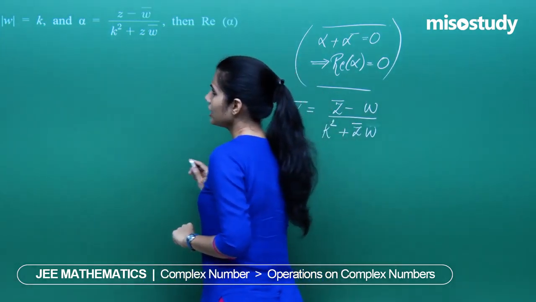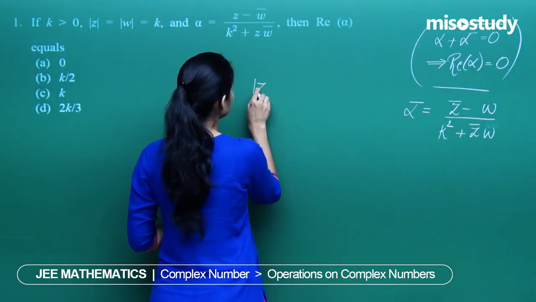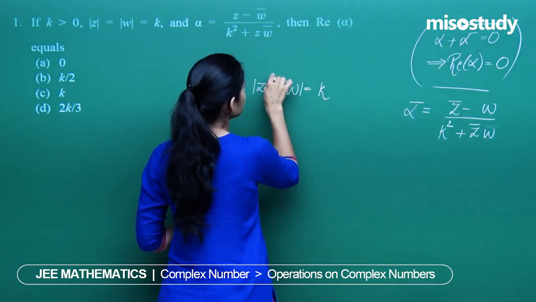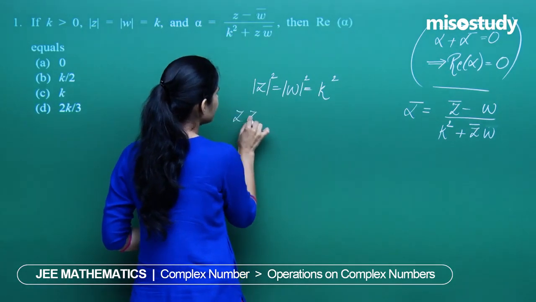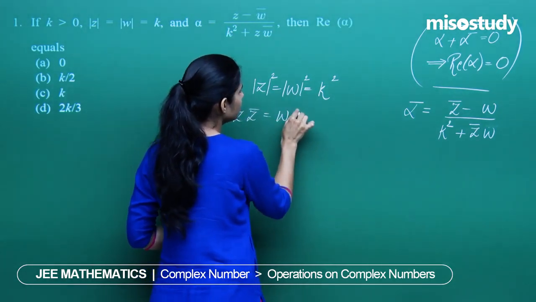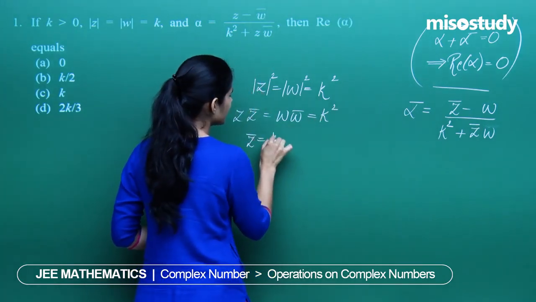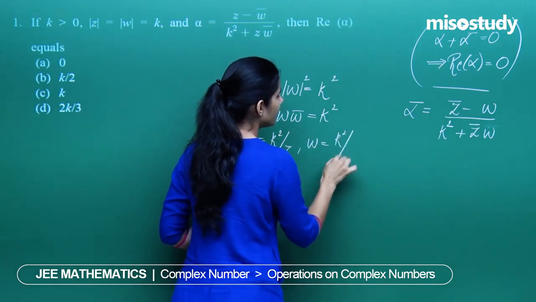Now it is given to you that mod z equals mod w equals k. This means mod z square equals mod w square equals k square. This is z z bar, this is w w bar, equals k square. So z bar is k square by z and w is k square by w bar.